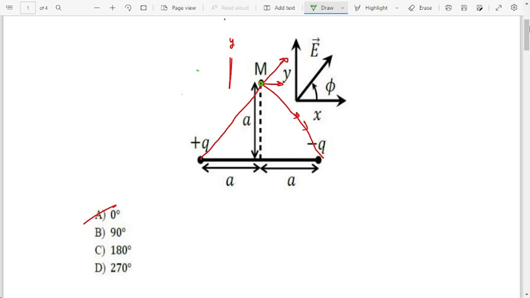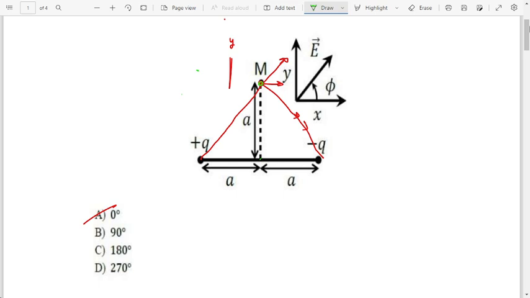That means the distance of point M from the center is comparable to the length of the dipole. In the derivation of the dipole results, we assume that the point at which we find the potential and electric field must be at a large distance from the center in comparison to the length of the dipole.